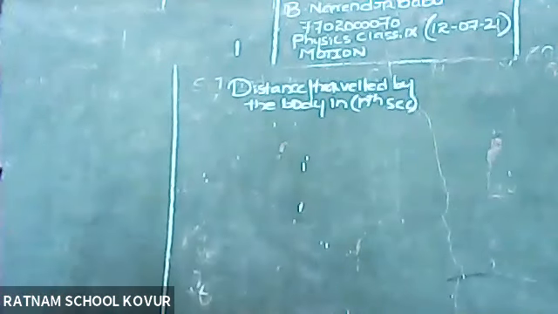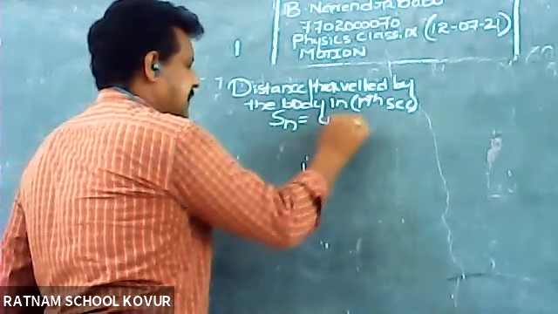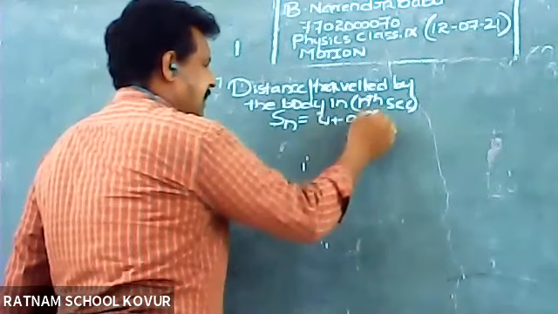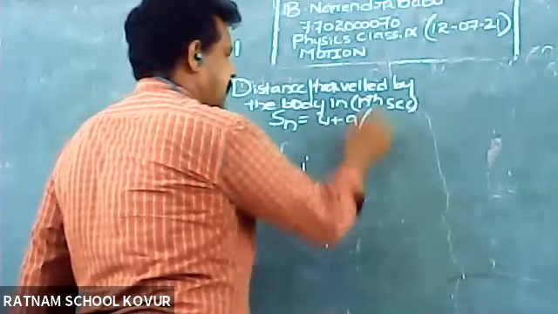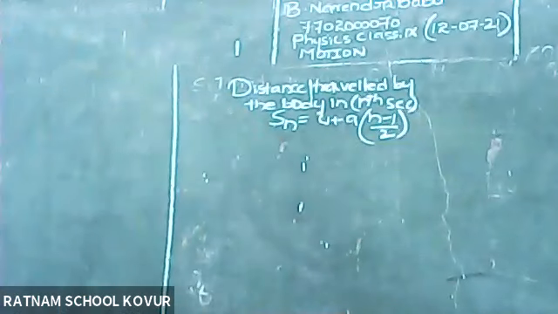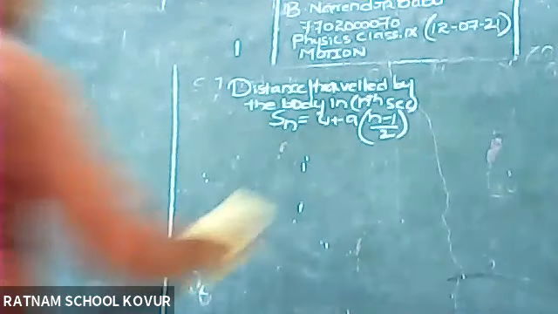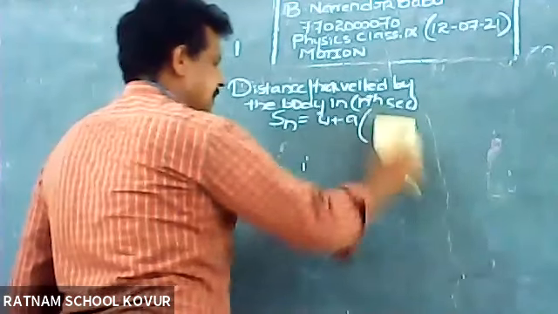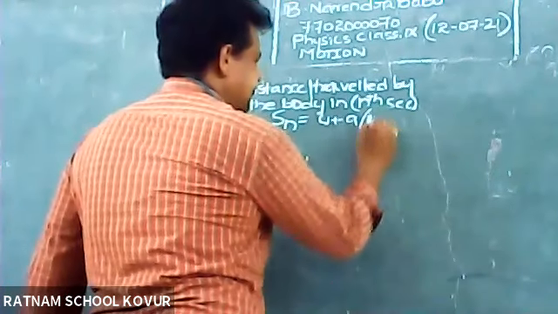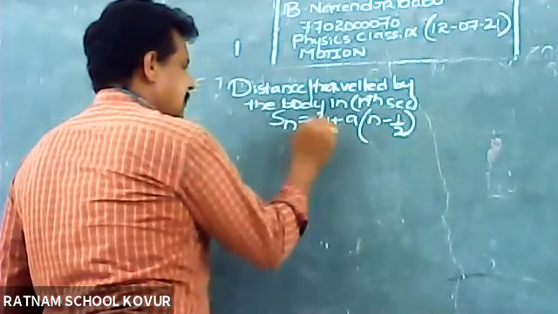So the formula is Sn equals u plus a into (n minus 1) by 2. Sorry, u plus a into (n minus 1) by 2. Sn is equal to u plus.